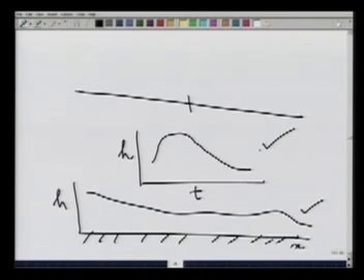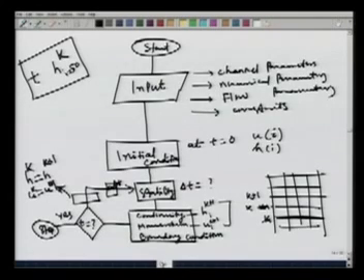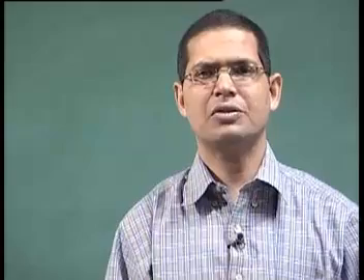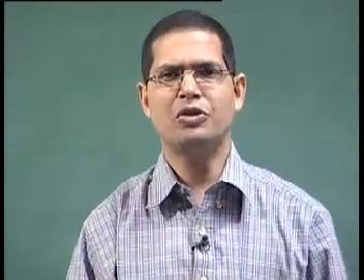Here the objective is different. So for this, after the end of all the computations, before stopping, I should write the output here. So depending on the objective of the user, one should use the output statement.